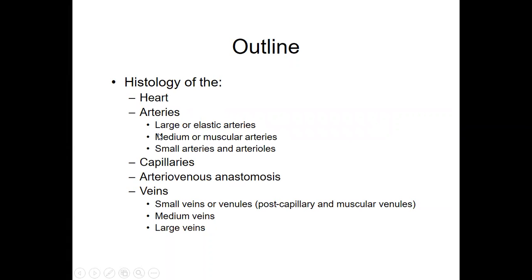The arteries here include the large or elastic arteries, medium or muscular arteries, small arteries and arterioles, capillaries, arteriovenous anastomosis, veins that include small veins or venules, postcapillary and muscular venules, medium veins and also the large veins. So these are the components of my lecture. I hope you will enjoy learning this topic.